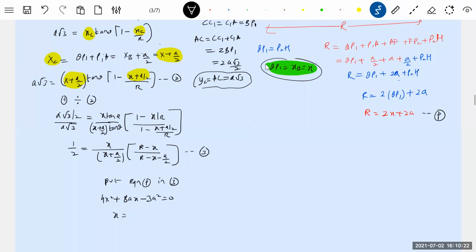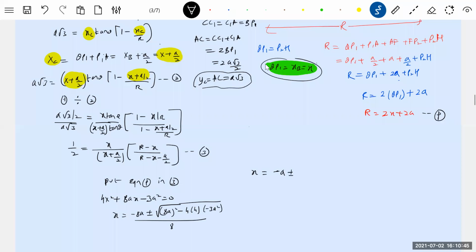Okay, let me try this one. Minus 8a plus or minus 8a whole square minus 4 into 4 minus 3a square, all divided by 8. Yeah, this is again a very big quadratic equation.